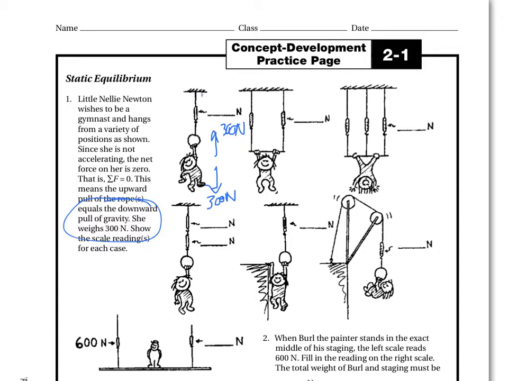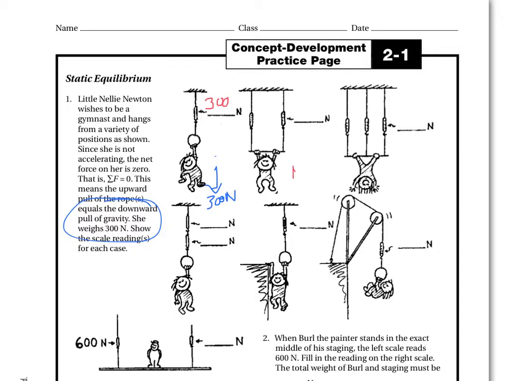Each of these little guys here is what's called a spring scale. Basically, it measures the amount of force that the spring scale has to exert to do its job wherever it is in the system. So if she has a weight of 300 newtons pulling down, this one spring scale has to pull up on her with 300 newtons of force to balance everything out.